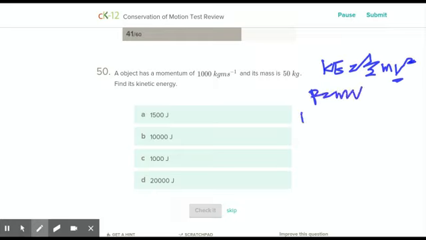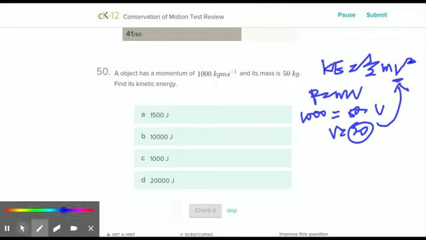We have the momentum, which is 1,000, equal to mass 50 times v, so v is 20. Plug this 20 back into half mv squared: half times 50 kilogram times 20 times 20 is 10,000, and your answer is B.